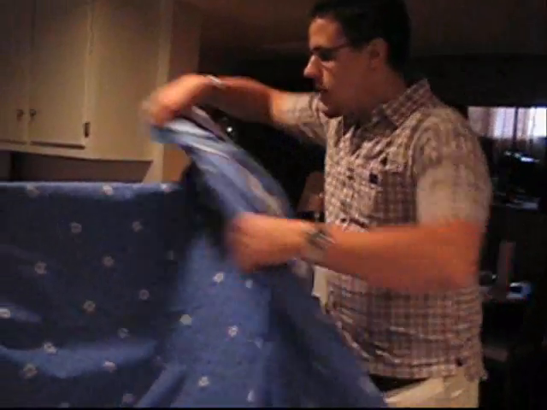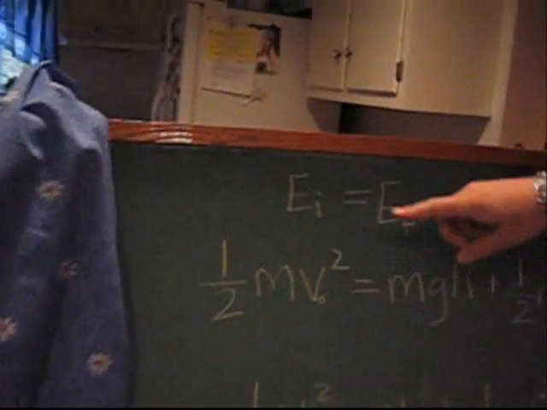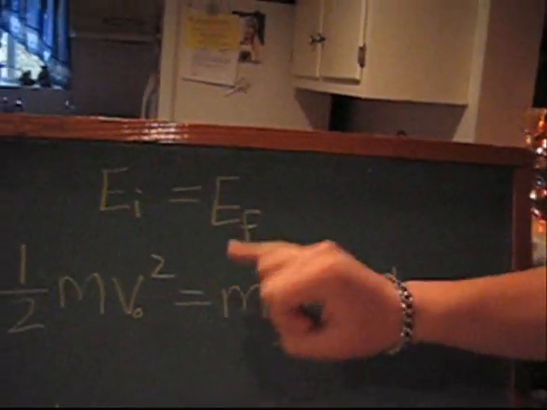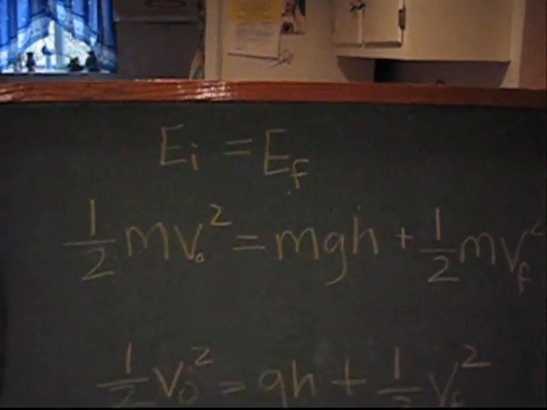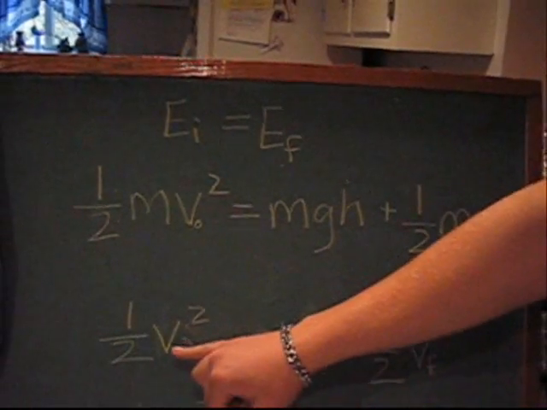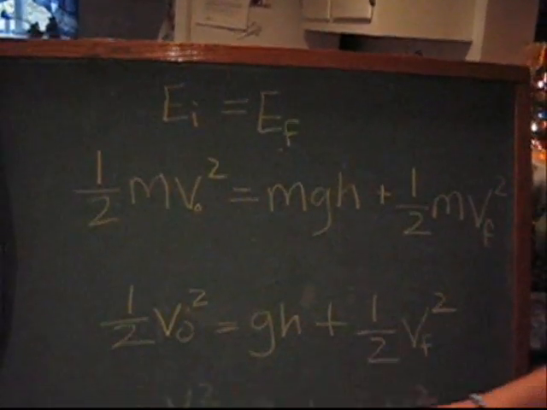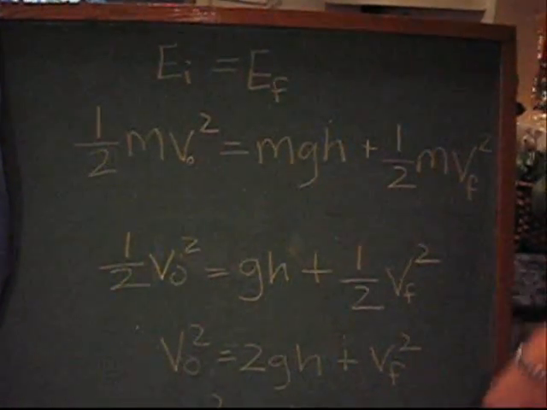Anyway, moving on to energy, we can use energy to derive one of our kinematic equations. So, here we have Ei is equal to Ef, so we take 1/2 mv squared is equal to mgh plus 1/2 m Vf squared. From this we cancel all the m's, and after multiplying everything by 2, we get V naught squared is equal to 2gh plus Vf squared.